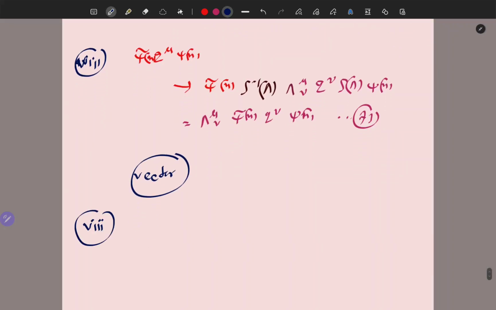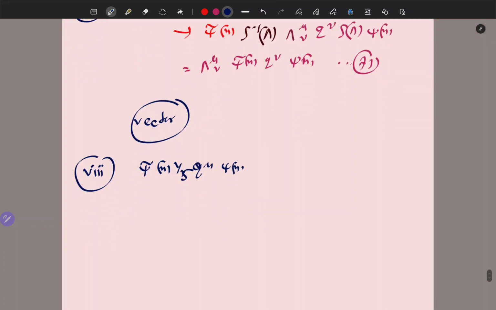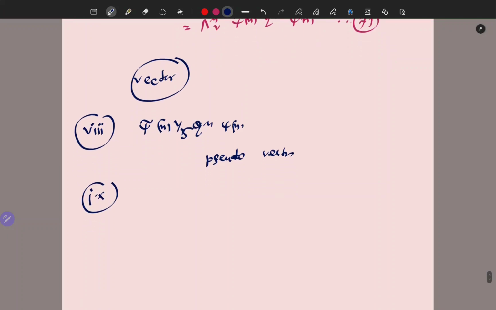Now this is 8, psi tilde of x gamma 5 q mu psi of x. Under Lorentz transformation, this is a pseudo vector or axial vector. And property number 9, psi tilde q mu sigma mu nu psi, which is a vector.